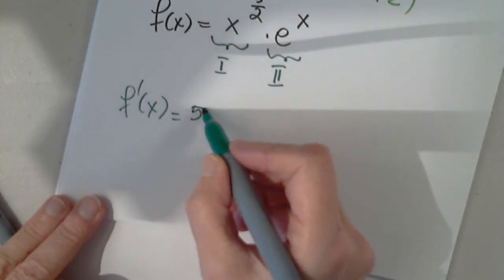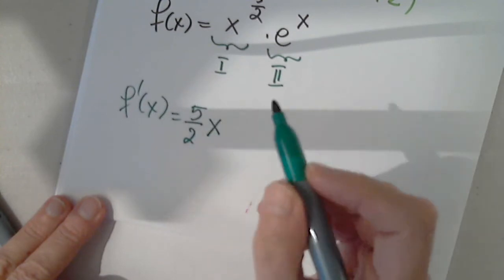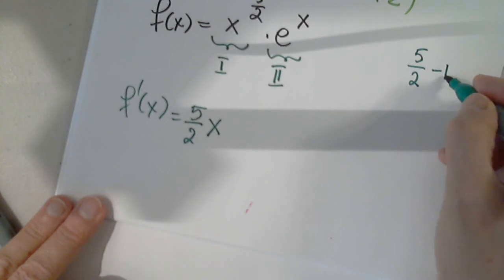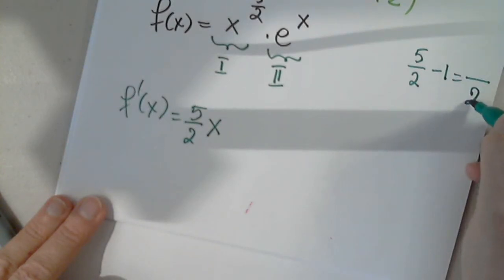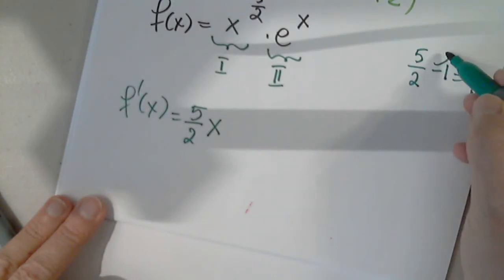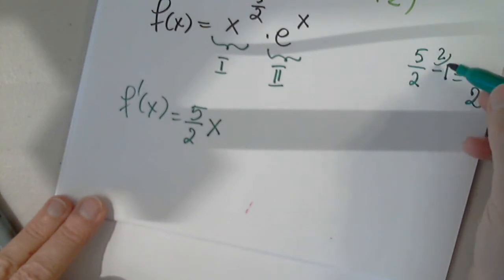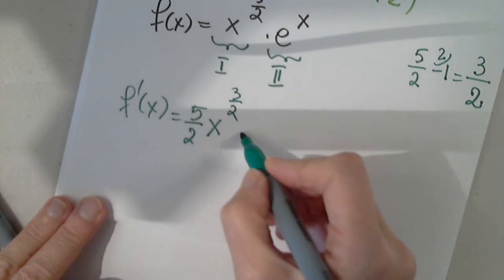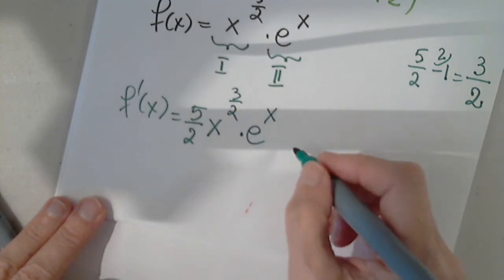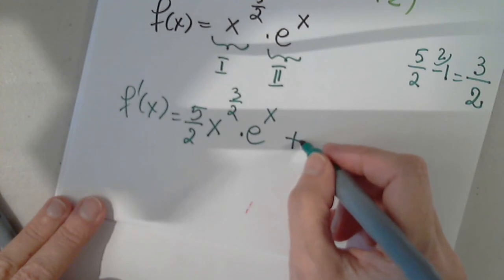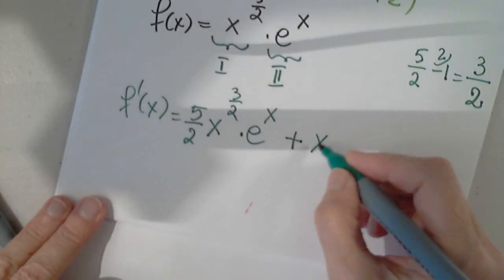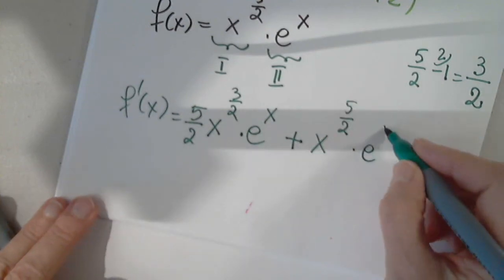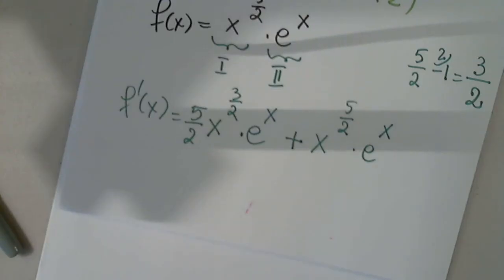I bring 5 halves in front and subtract 1 from the power. So from 5/2, when I subtract 1, the least common denominator is 2. I need to multiply the top by 2, so I have 5 minus 2, which is 3. So 3/2 multiplied by the second function, then I write plus, I copy the first function, and of course I multiply by the second one prime, but it happens to be e to the x.